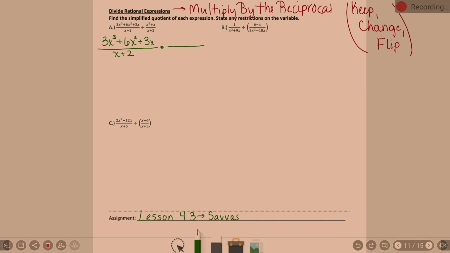So this is going to become x plus 2 over x squared plus x. With this in mind, you're ready to factor, folks. This is doing exactly what we just did on the front side. No differences.